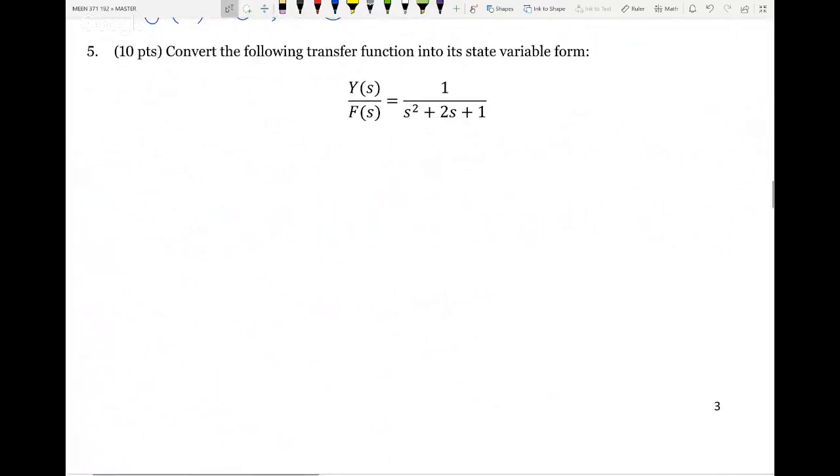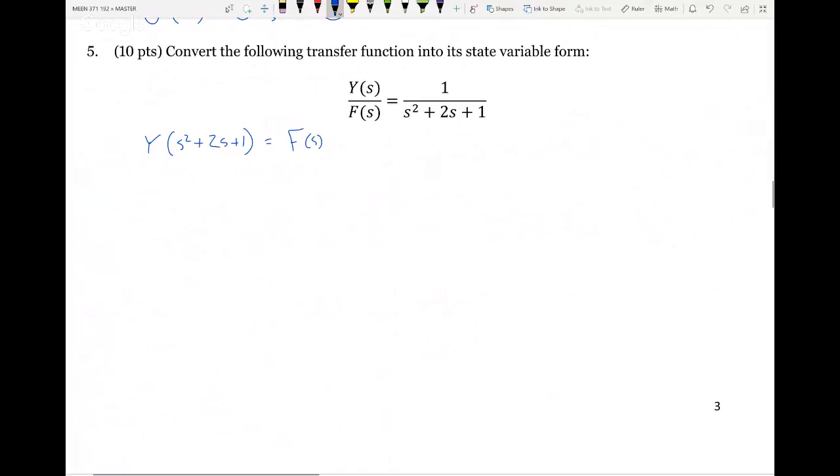All right, convert this transfer function into its state variable form. First thing is we will turn this back into a differential equation: Y times s squared plus 2s plus 1 equals F of s.